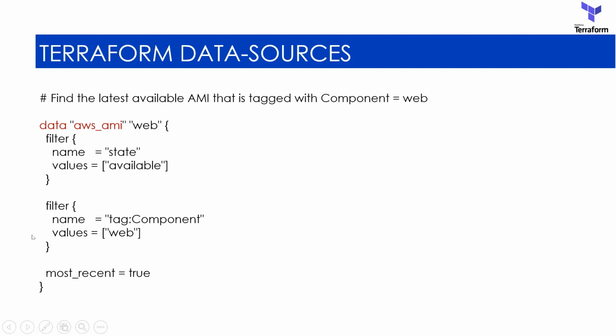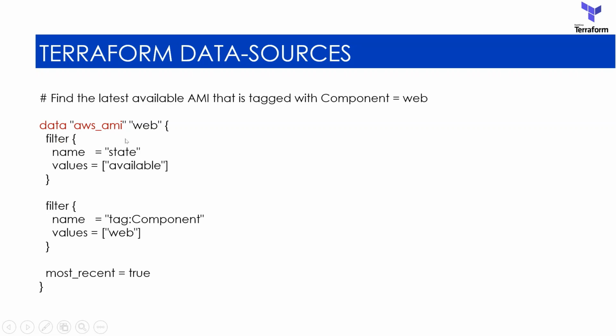So for this example, what is happening? We have a data block with aws_ami, and we are putting the name as babe, and we are filtering. The filter name equals state.